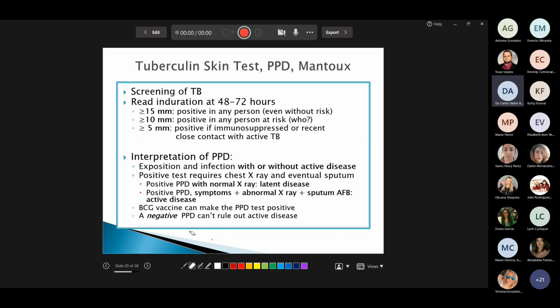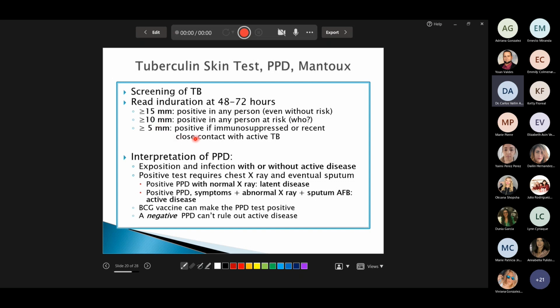If the test, which is not common, is done to a person who is not at risk, positive is considered 15 or more. But you know that it is not done frequently. It's just a curiosity because the test is done to persons at risk. That's why these two interpretations are the most important.